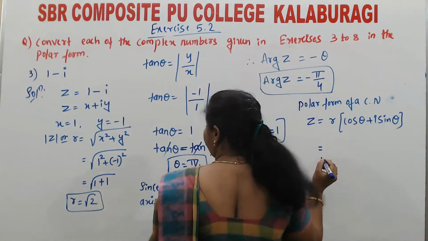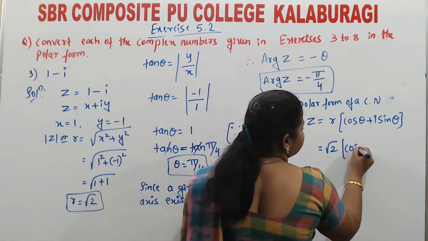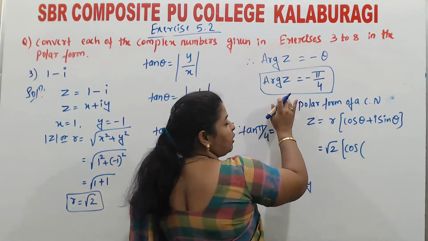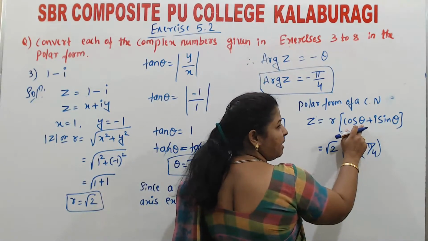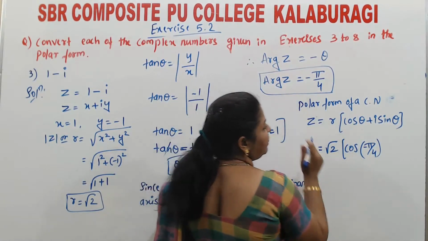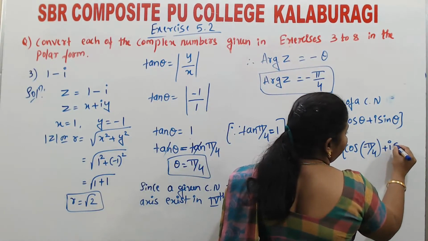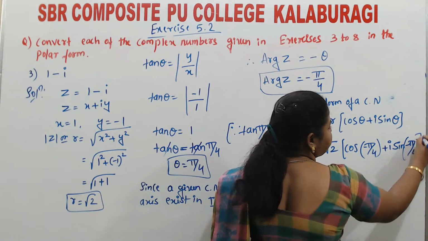What is the value of r? R is root 2 into cos. What is theta? Argument of z is nothing but theta, right? That is minus pi by 4. This theta should be principal value. Principal value means we have to find argument of z, right? Then plus i sin minus pi by 4.